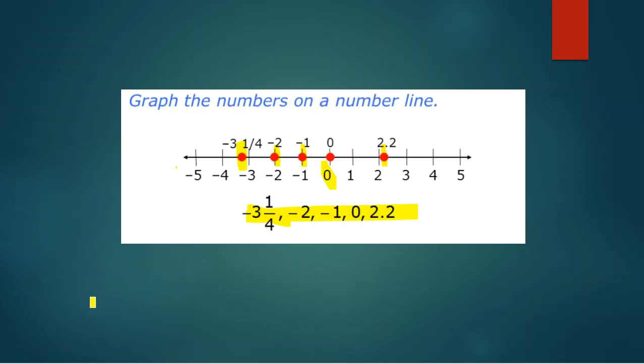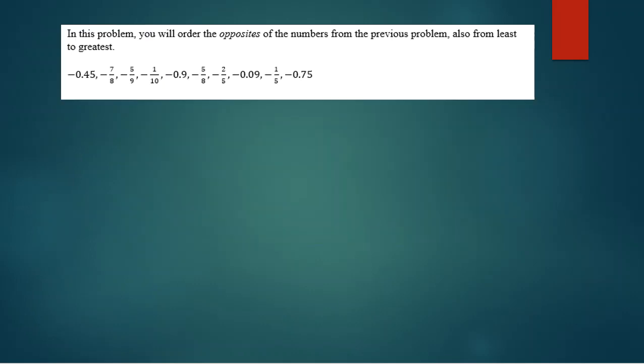Okay, so now think about that as we spend some time with ordering the opposites of what we had as our first example. Okay, now we have already done this, kind of.